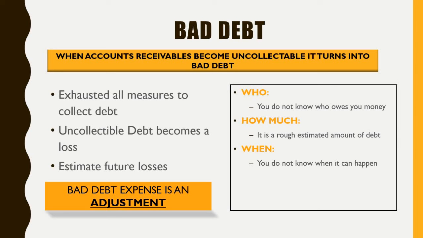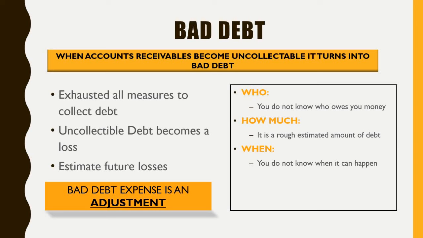Since it's based off a percentage, you don't know who the person is that still owes you, because it's based on your total accounts receivable.